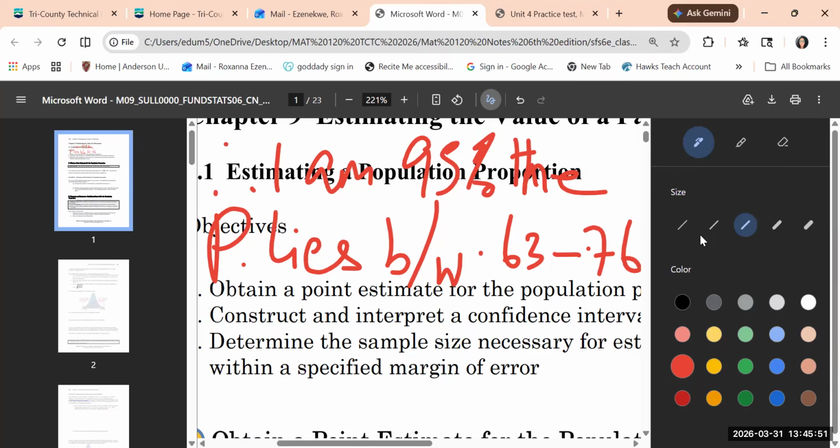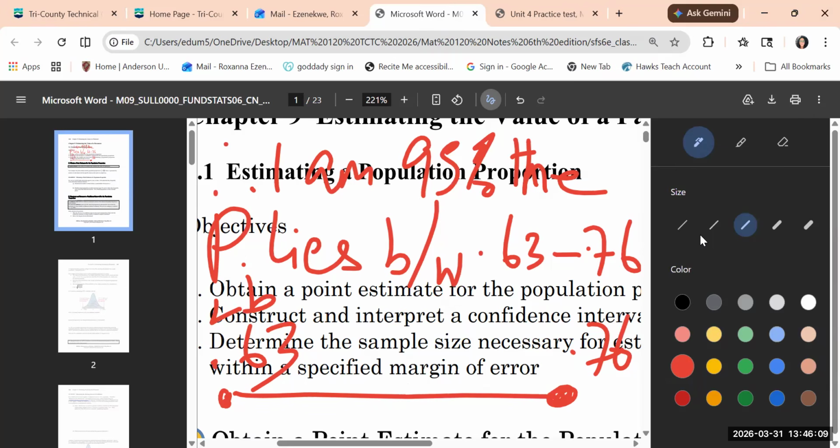Or 63% too. If I draw a number line, the right-hand side is 0.76. The left-hand side is 0.63. The left-hand side is called the lower bound of the confidence interval. The right-hand side is called the upper bound of the confidence interval.